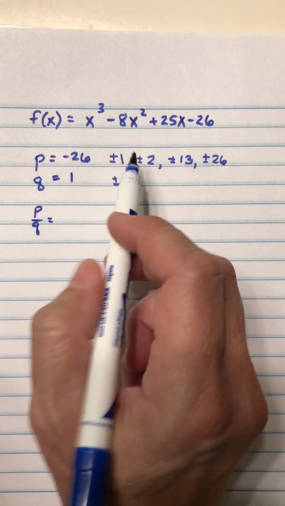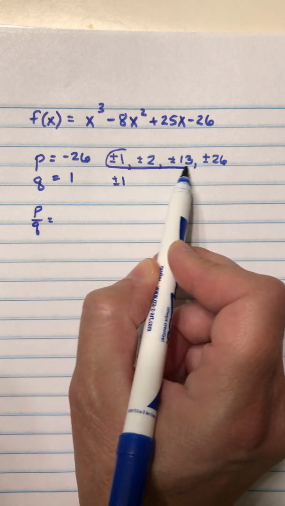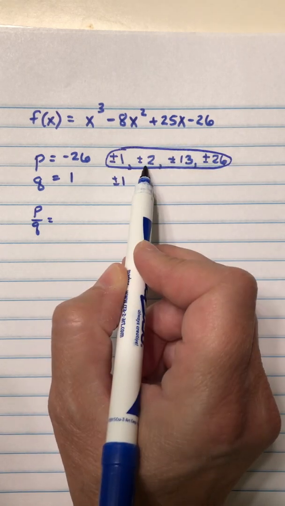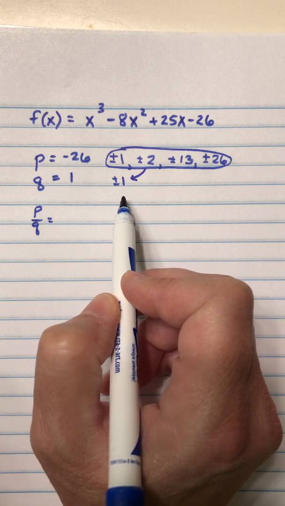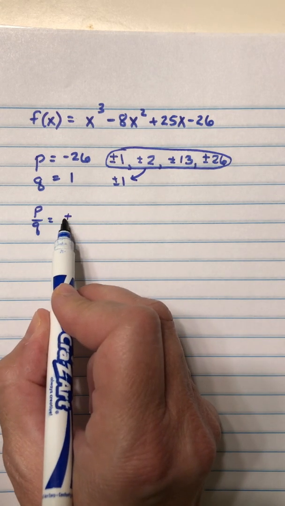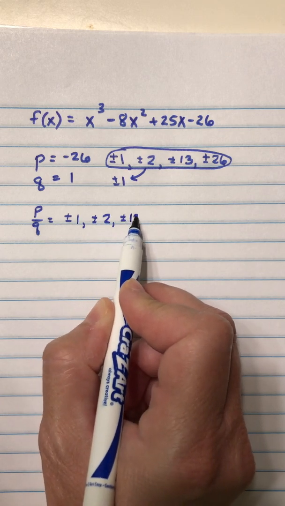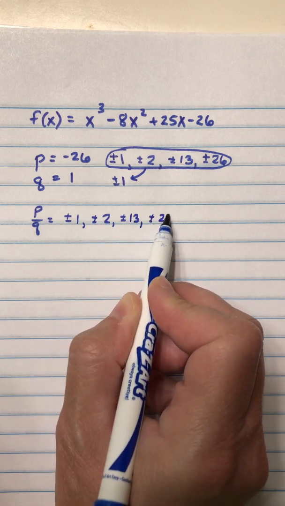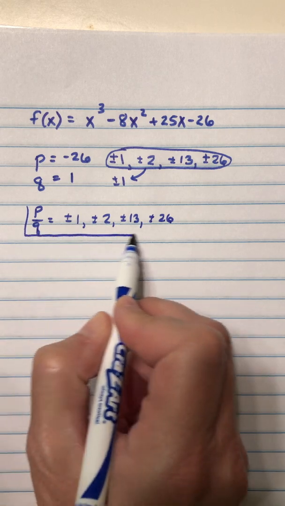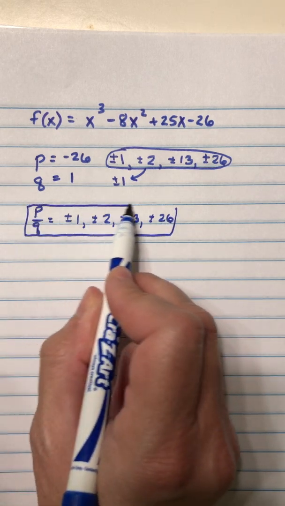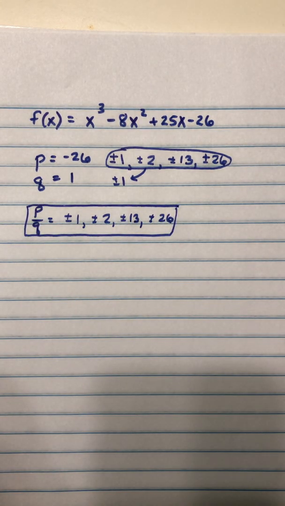We're going to put each of our p values over the 1. And so our numbers really don't change. We still have 1, 2, 13, and 26. So this is my list of possible rational zeros.